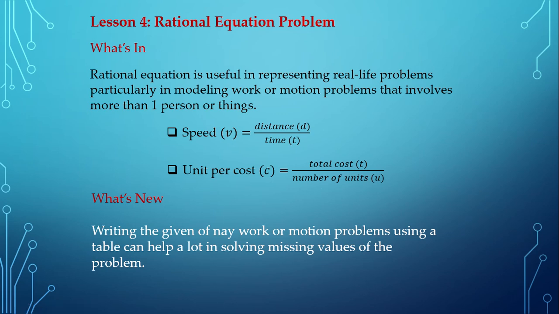So 220 divided by 30 is the value of each chocolate, the unit cost.